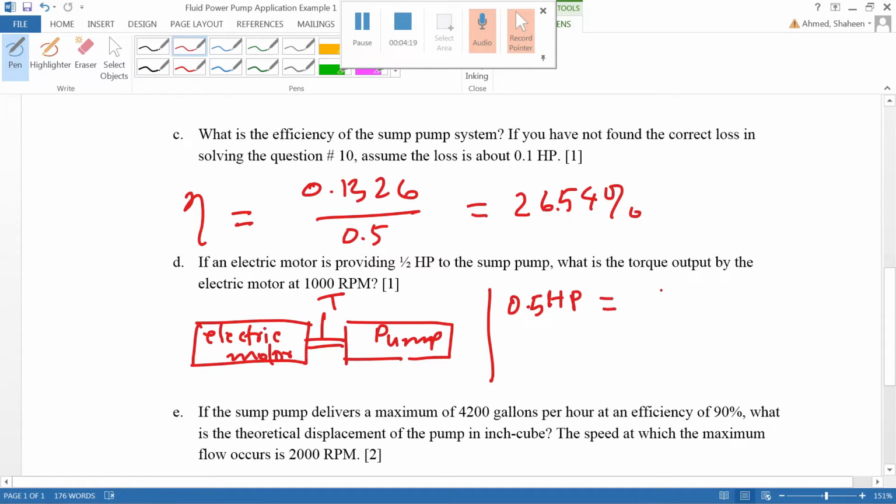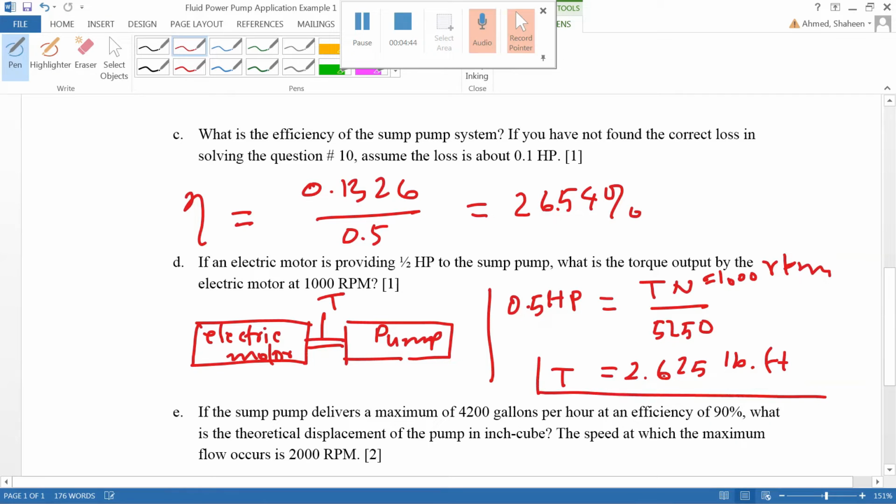We know the equation: torque times rotation divided by 5250, so the torque will come in pound-feet. If you input n equal to 1000 RPM and solve for T, you get 2.625 pound-foot of torque by the electric motor.